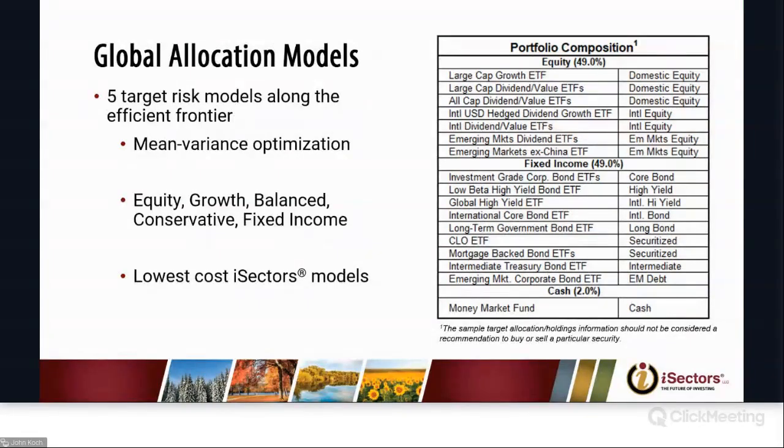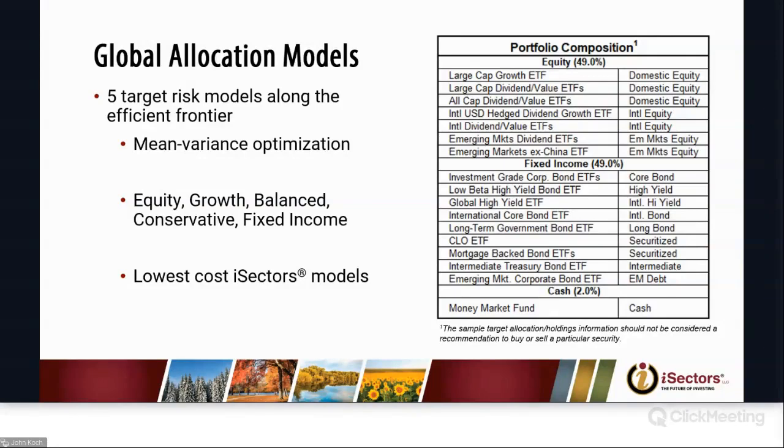Thanks, John. Yeah, we haven't talked about our global allocation models very much. There's 5 target risk models, everything from income-based models to the aggressive growth, the conservative, moderate, etc. But we've got some unique things, I think, about our iSectors models.